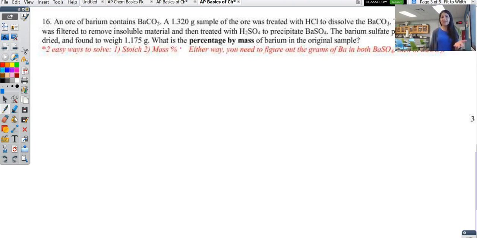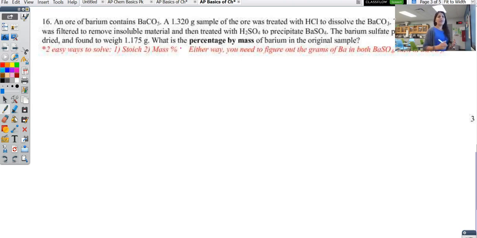And so in this story problem, it says that we have an ore of barium that contains barium carbonate. So it's got other things in it. They say that you take a 1.320 gram sample of it and treat it with HCl. Immediately I want to start jotting some notes down about what I'm seeing. I see that we've got some type of reaction, and I don't know that I necessarily need a balanced equation per se, but just to get some of this down.